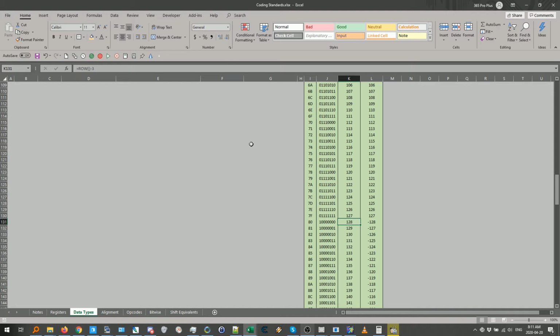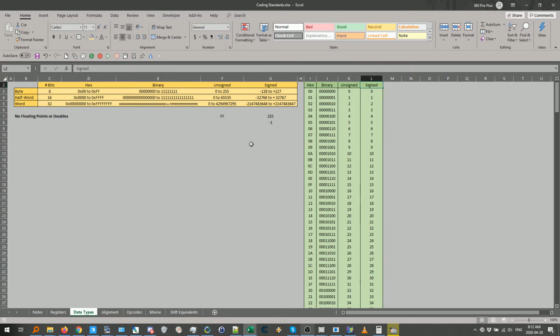I understand this is confusing, but this essentially just means that the maximum unsigned value of 255 has to become a negative value if it's read as something signed.